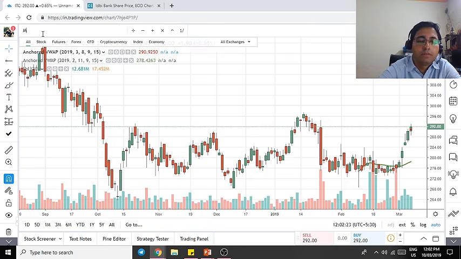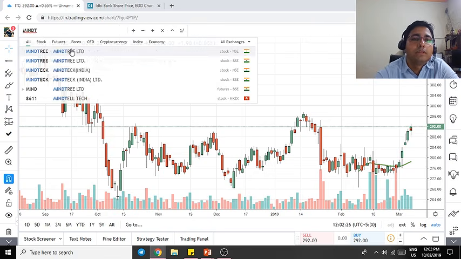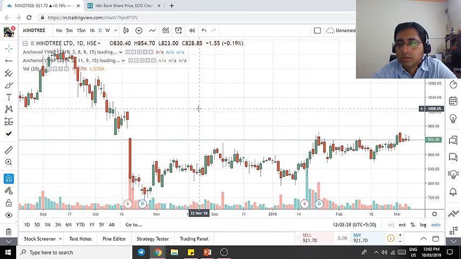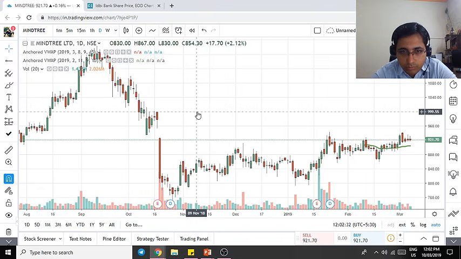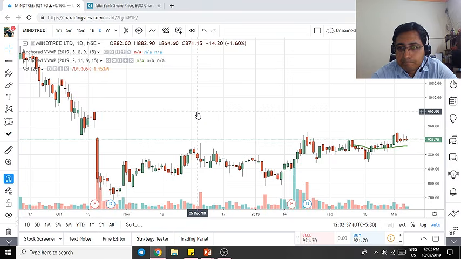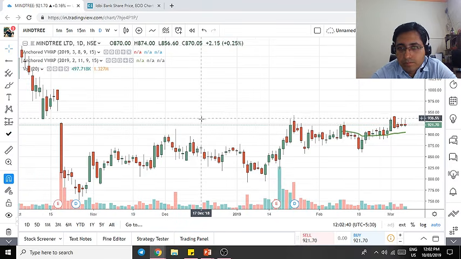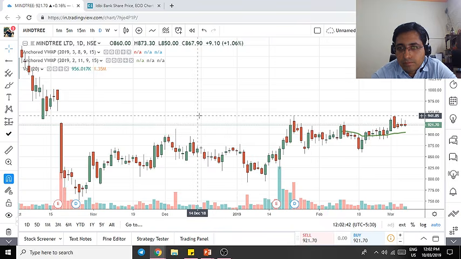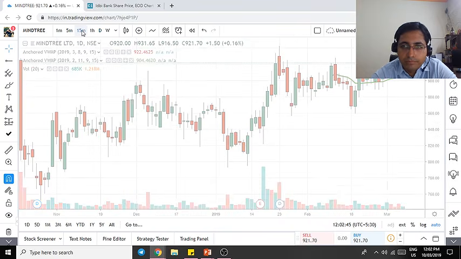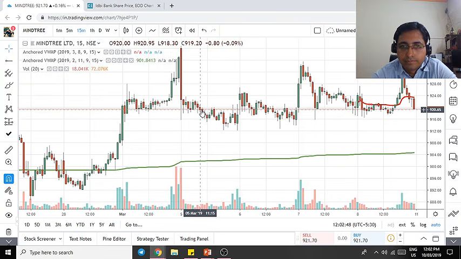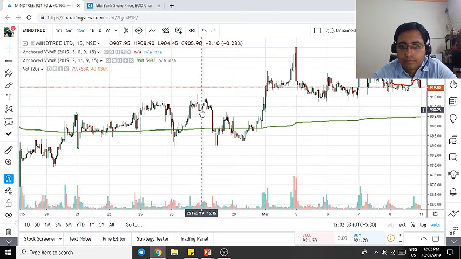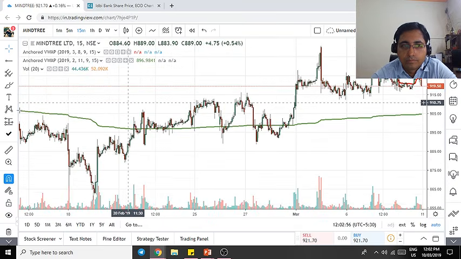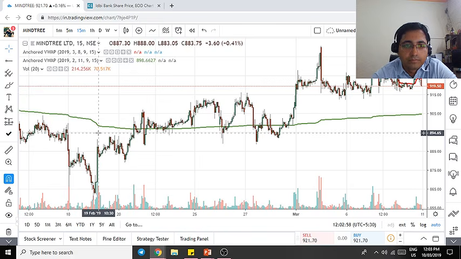Mindtree and GAIL are next. Mindtree is such a stock, don't even ask, it doesn't know what it wants to do. 19 Feb, 9:15.